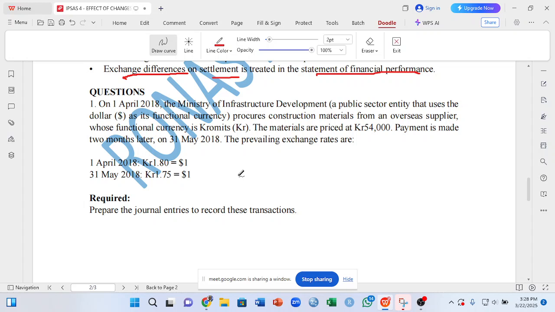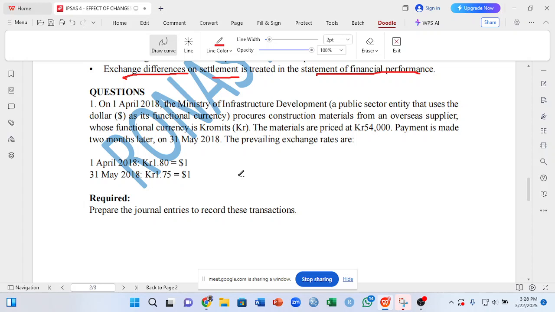The materials are priced at 54,000. Payment is made 2 months later on 31st May 2018. The prevailing exchange rates are as follows, as seen below. Required: prepare the journal entries to record these transactions.